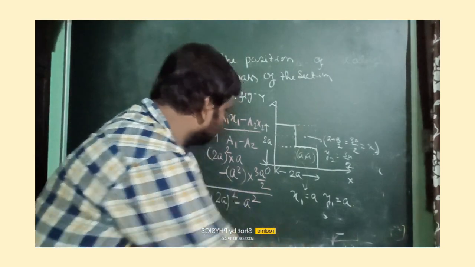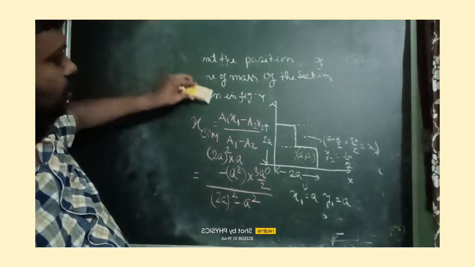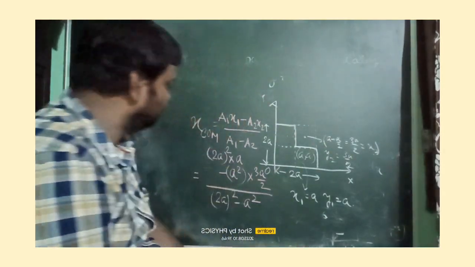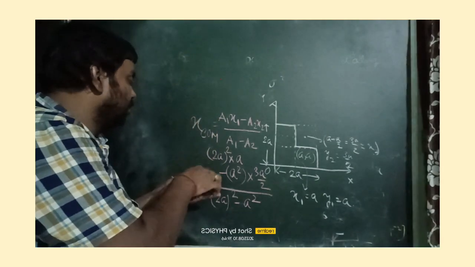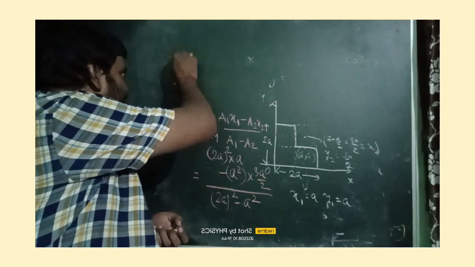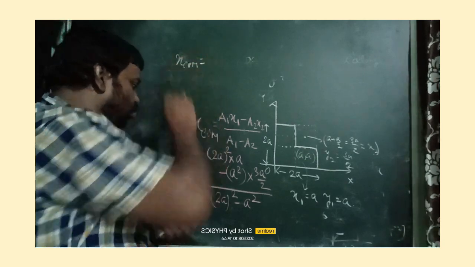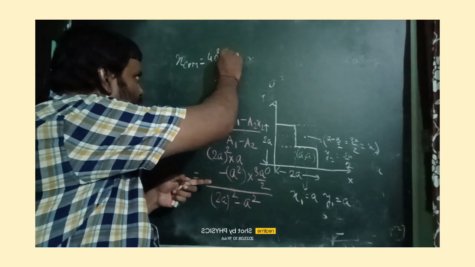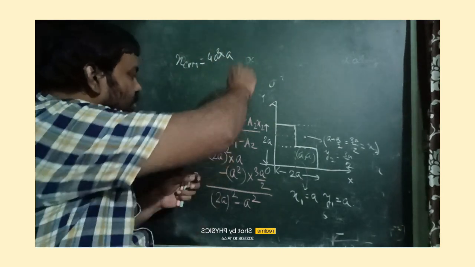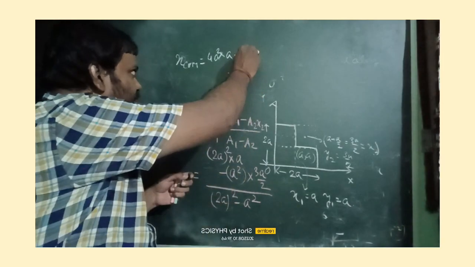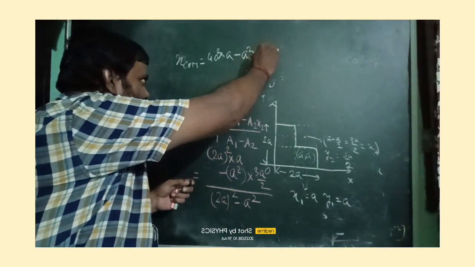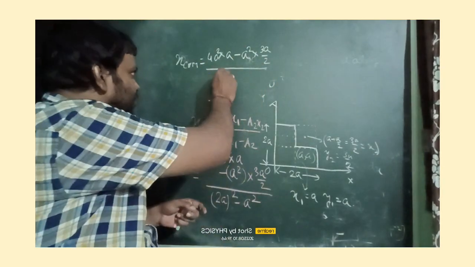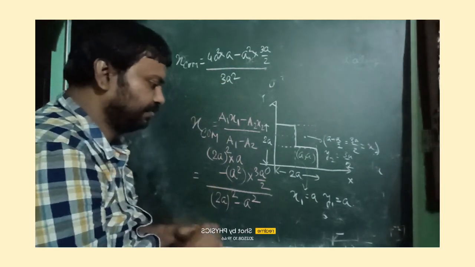Now to calculate it, the next line: X COM is equal to (2A) whole square, that is 4A square, into A, minus A square into 3A by 2, underneath 4A square minus A square, that is 3A square.